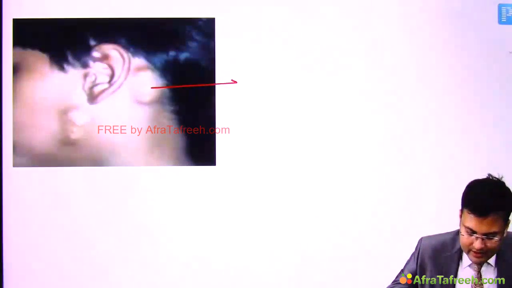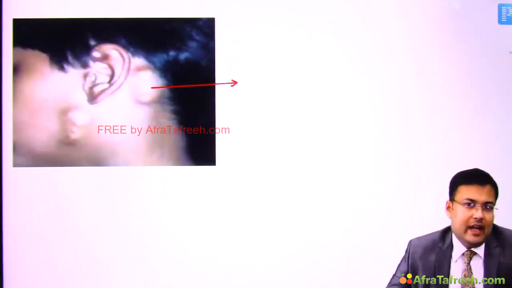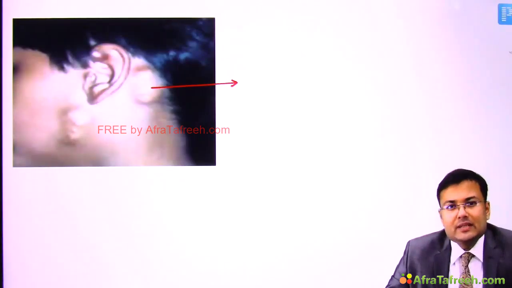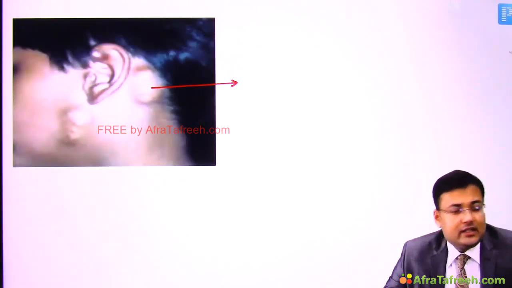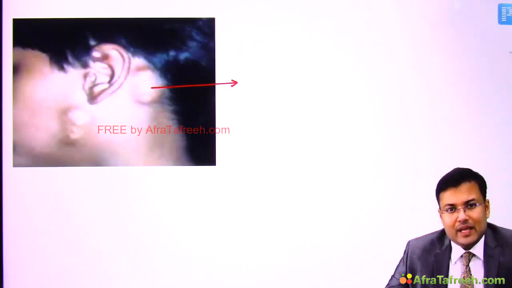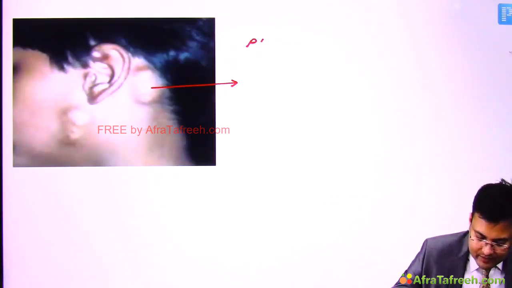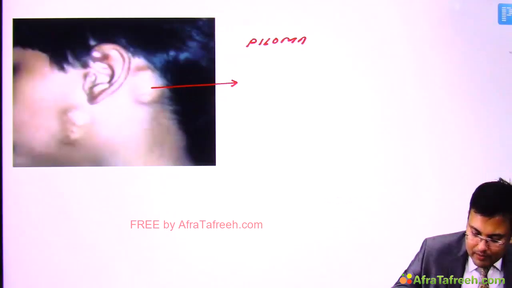Now see this. This is a benign hair follicle derived tumor. And what is the name of this benign hair follicle derived tumor? This is pilomatrixoma. What is the other name of pilomatrixoma? It is also known as calcifying epithelioma of Malherbe. So the name of this condition is pilomatrixoma. Clear?